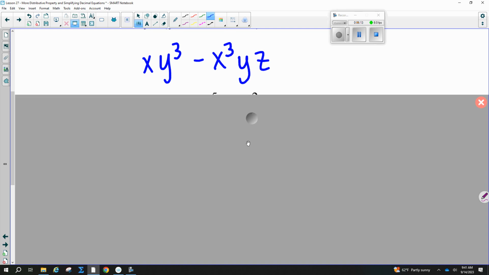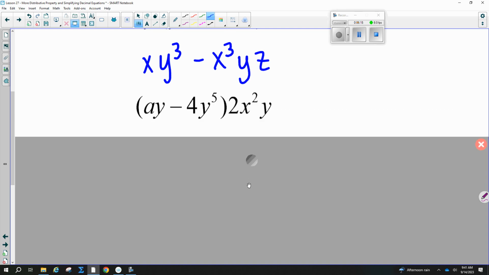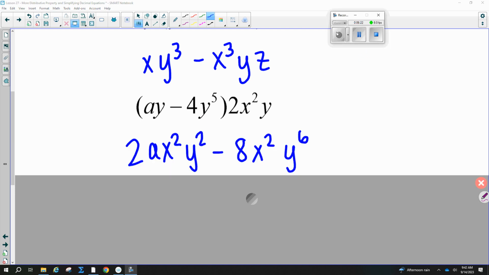All right, go ahead and pause the video and try this one on your whiteboard. All right, so hopefully you got 2ax squared y squared minus 8x squared y to the 6th. So be sure you multiplied the -4 and 2 here to get -8, and then you added the exponents to get 6.